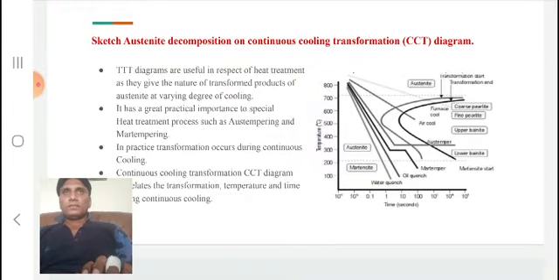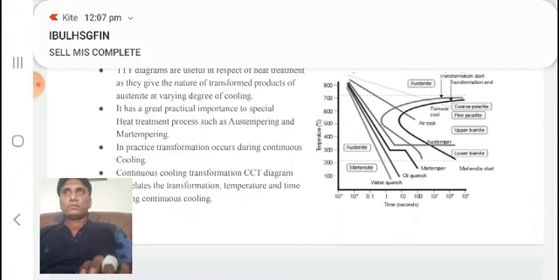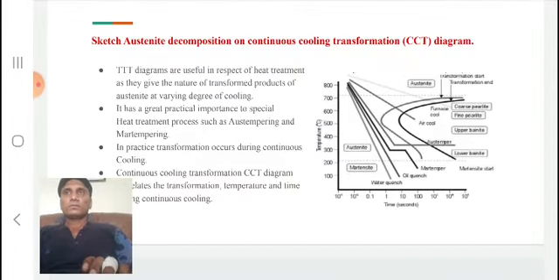TTT diagrams are useful in respect of heat treatment as they give the nature of transformed products of austenite.